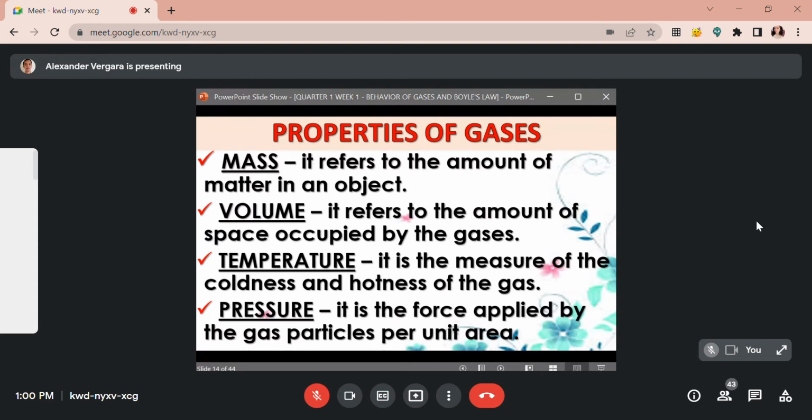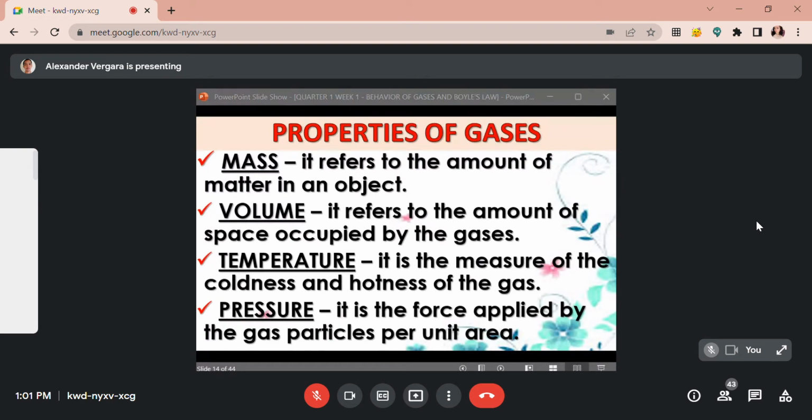Okay, gram or kilogram. Kilogram po. Okay, that will be kilogram. So kilogram or gram, but if we're talking about the SI unit, then that will be kilogram.